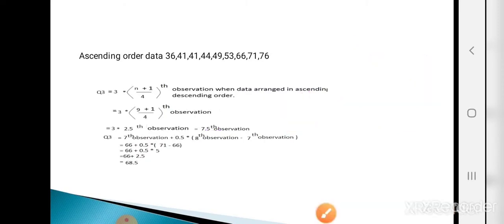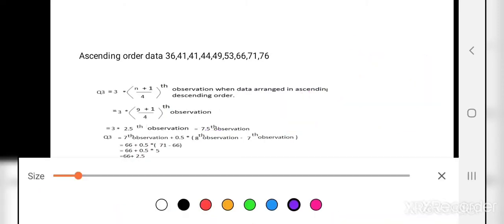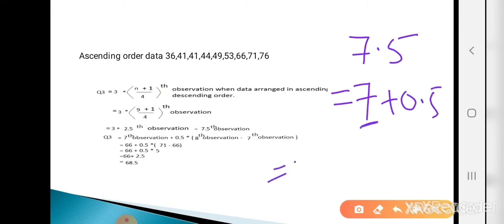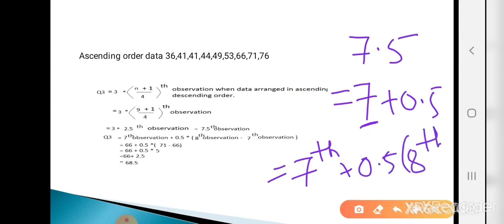So how to calculate the 7.5th observation? This 7.5 is written as 7 plus 0.5. So the first digit is 7: the 7th observation plus the remaining part 0.5 times the difference. After the 7th observation there is the 8th observation, so 8th minus the previous one, that is the 7th observation. Now just plug in the values of the 7th and 8th observations. The 7th observation in the example is 66.